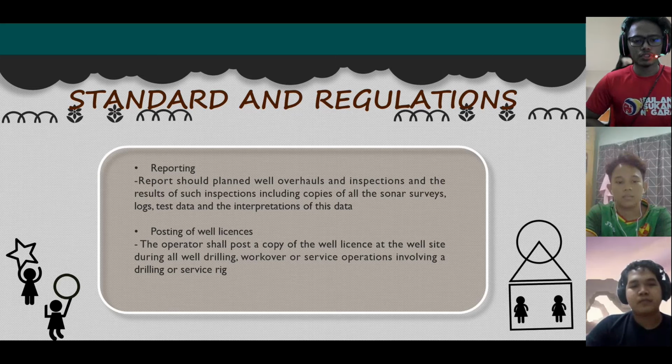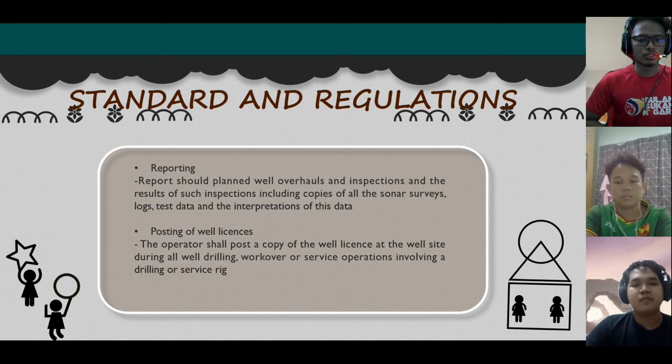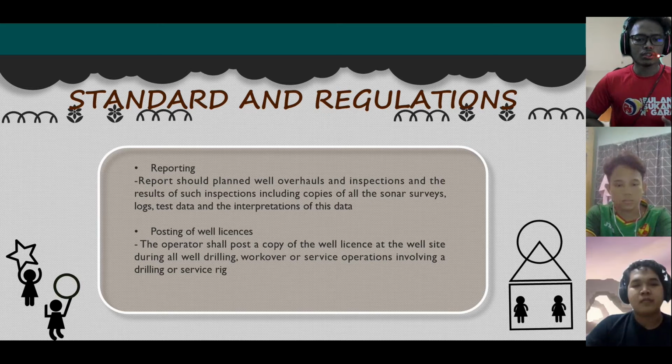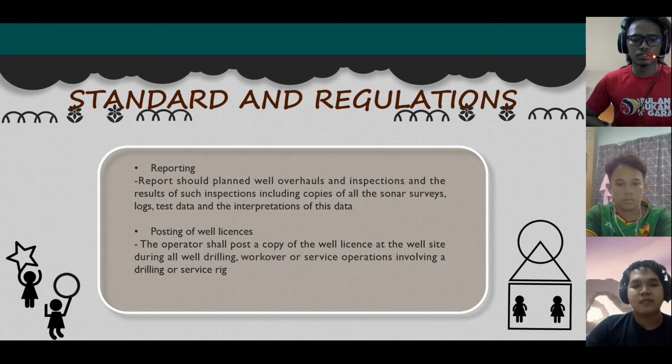Second, posting of well license. The operator shall post a copy of the well license at the well site during all well drilling, overwork or service operations involving a drilling or service rig.